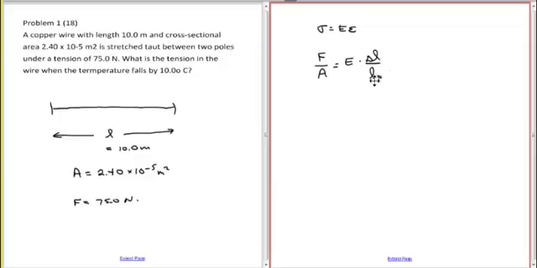I mean, it's really L0 plus delta L. But I'm just going to say L is equal to L0 plus delta L. We'll do it exactly right here. This is just the temperature, the original temperature, whatever that is. So we have a force, we have an area, we know that L is 10 meters.